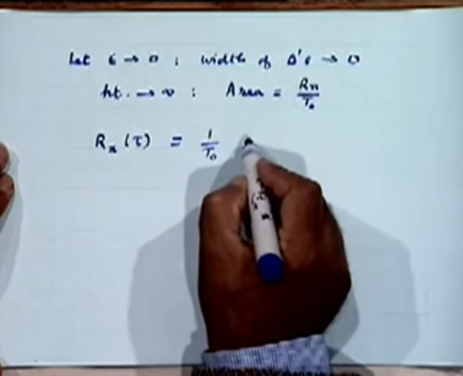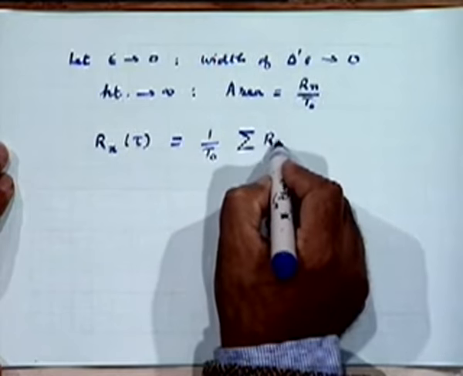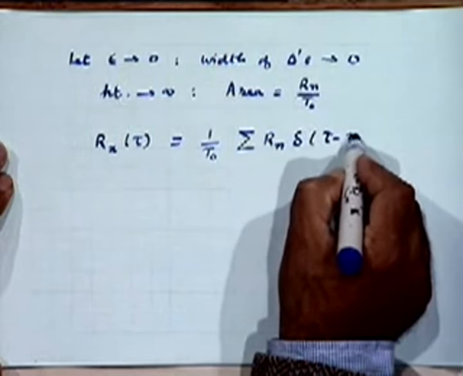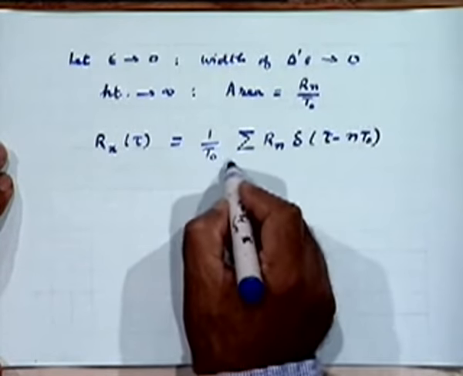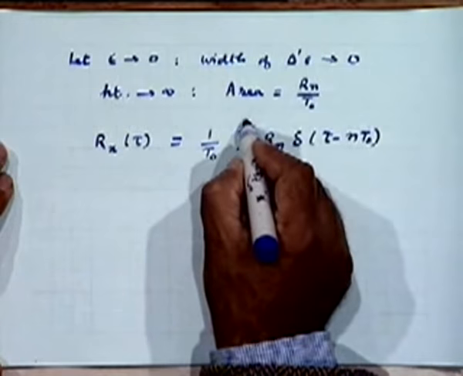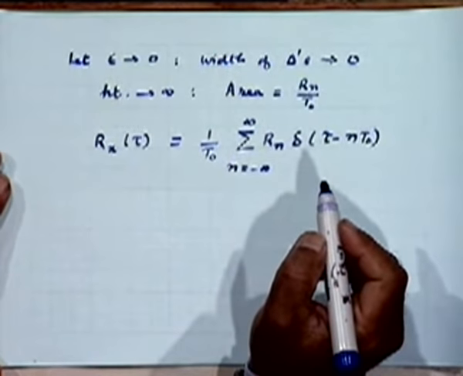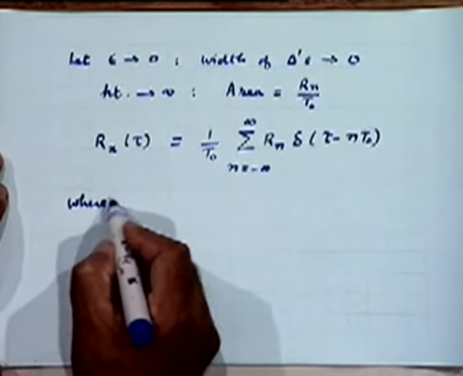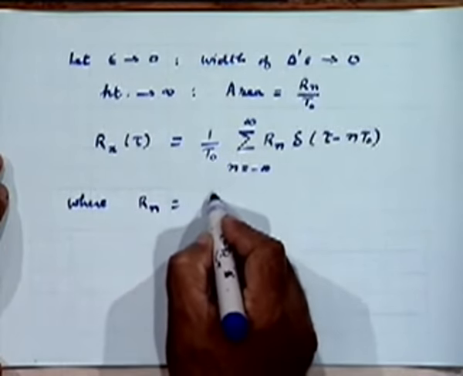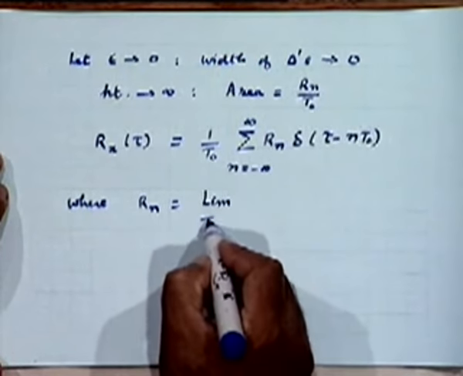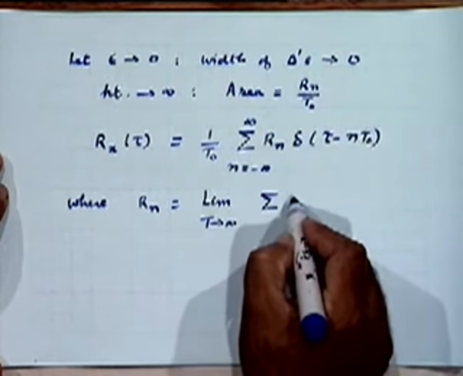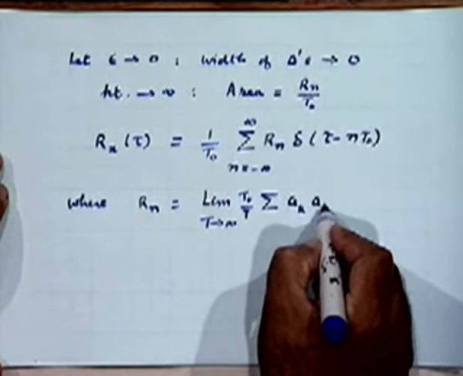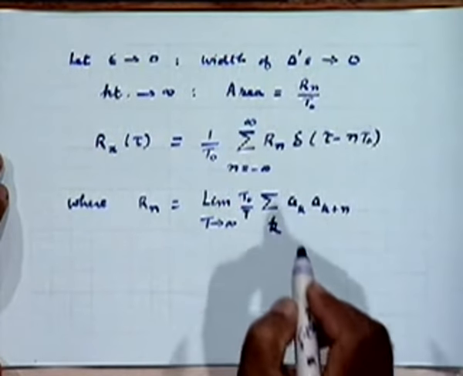R sub x of tau equal to 1 by T0 sigma R sub n delta of tau minus nT0, n equal to minus infinity to plus infinity, where we keep in mind that R sub n is the limit as T tends to infinity of T0 upon T, sum of A sub k times A sub k plus n.